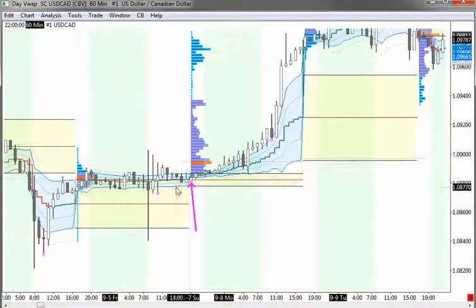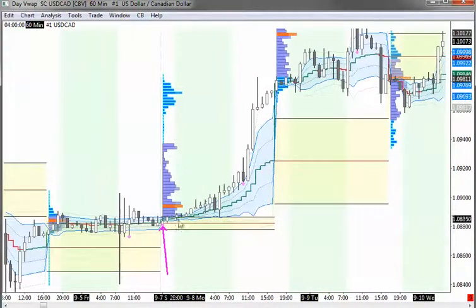So now, most of Monday, or almost all of Monday here, it was initiative buying. Initiative buying is when we see price continue to go up above the developing value area high.